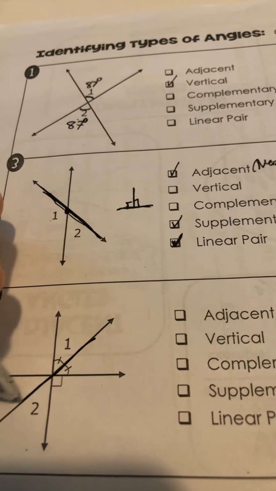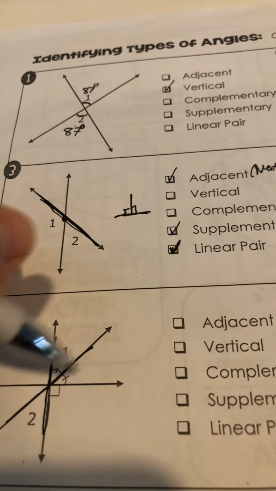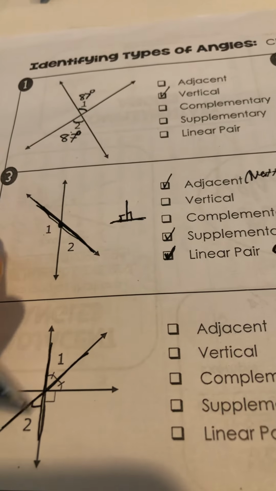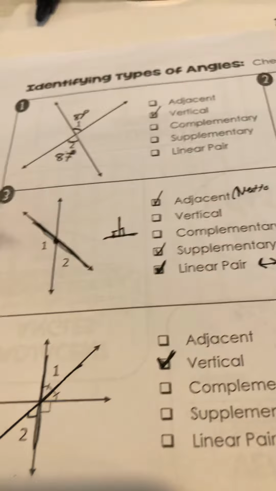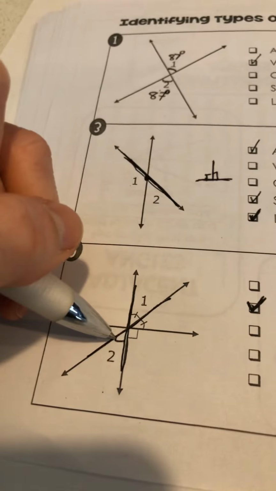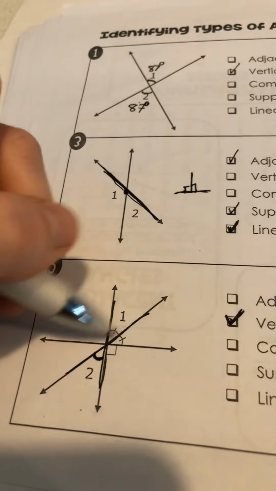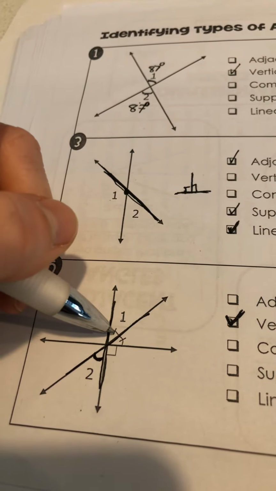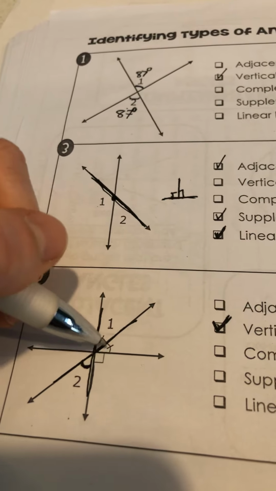Okay, the next one, this guy and this guy. So if we look here, these 2 angles are formed by the same 2 lines, so that means that angle 1 and angle 2 are vertical angles. Okay? Because they're formed the same. They're also the same measure. Okay? So in this case, angle 1 and this angle here have the same marking, so that means they're congruent.